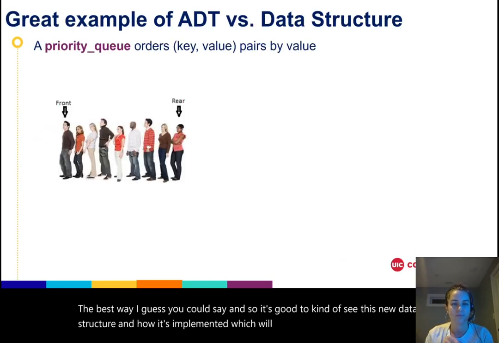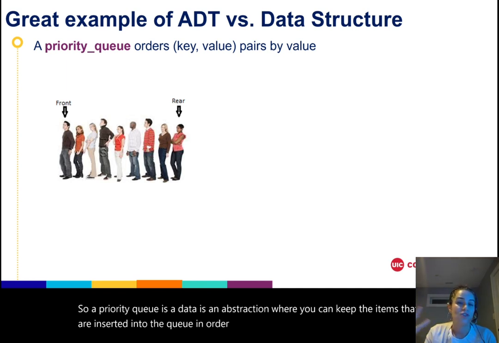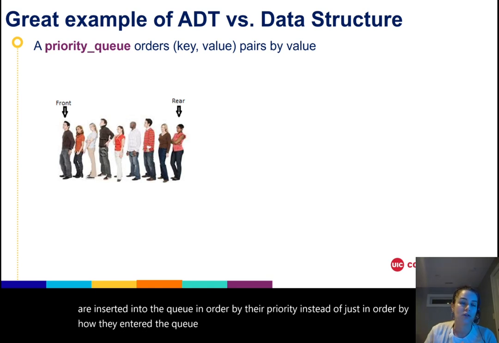in the next video. So a priority queue is an abstraction where you can keep the items that are inserted into the queue in order by their priority instead of just in order by how they entered the queue or how they were enqueued.